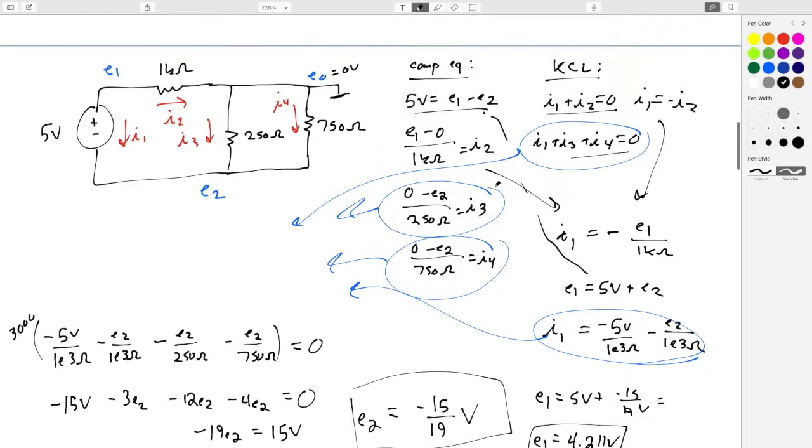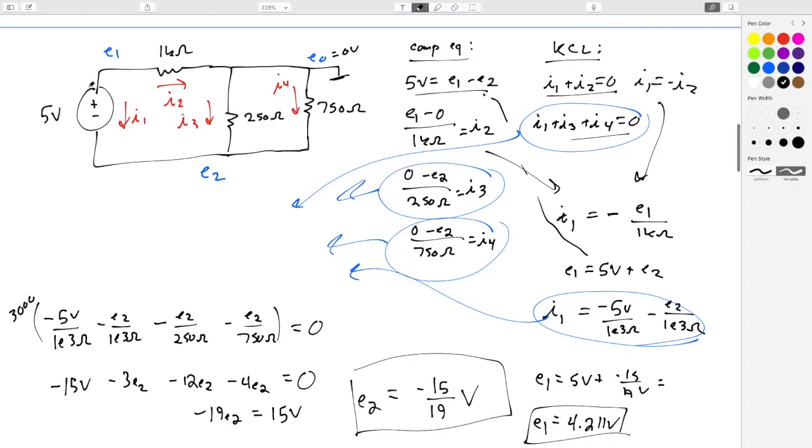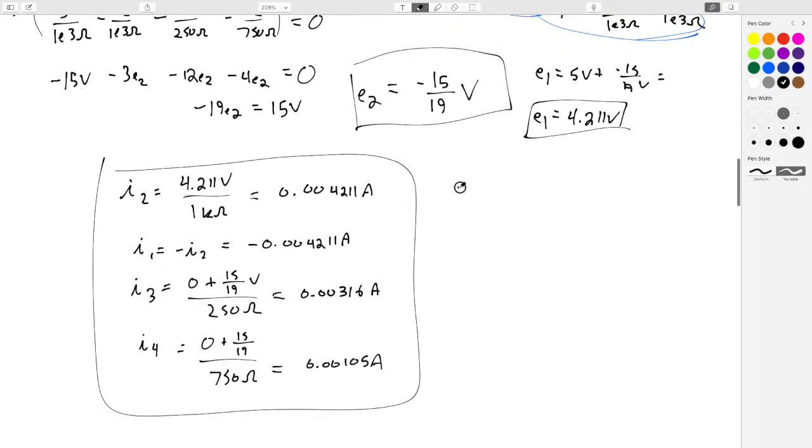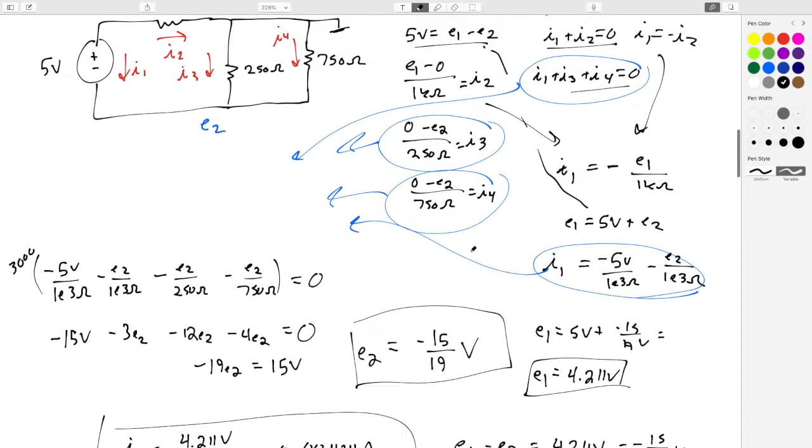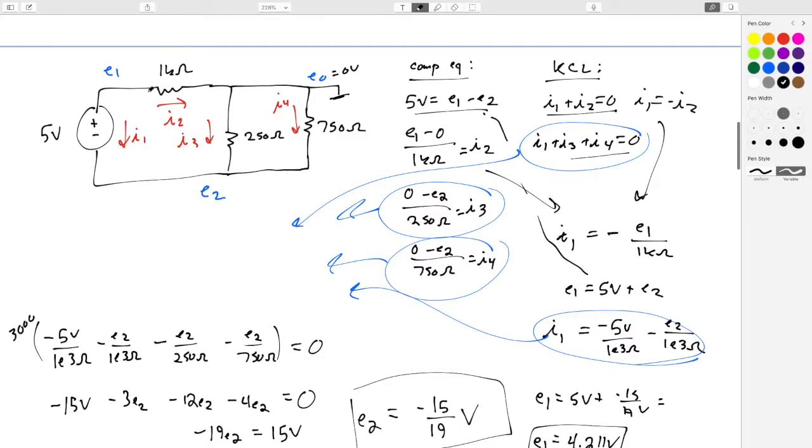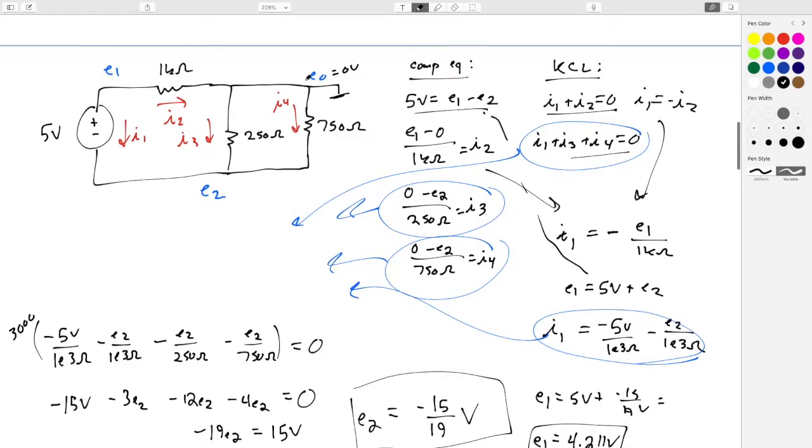In big picture, what is this saying again, right? The voltage across our 5 volt source, E1 minus E2, should equal what? 4.211 volts minus negative 15 over 19. If you do this math out, it ends up being 5 volts. Awesome. The voltage across the 1 kilo ohm resistor, that's going to be E1 minus 0. So what is E1?